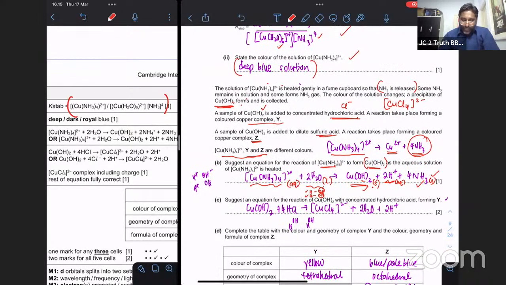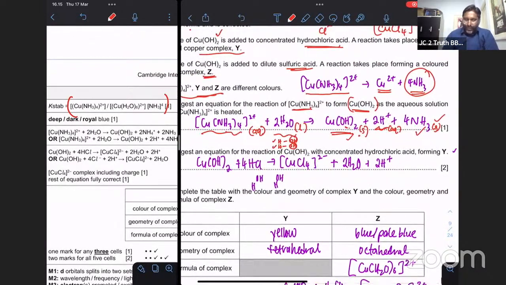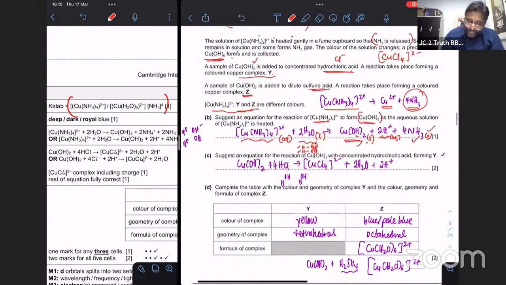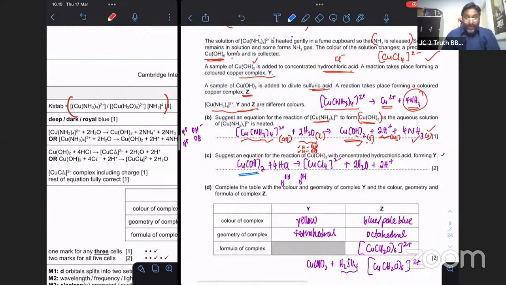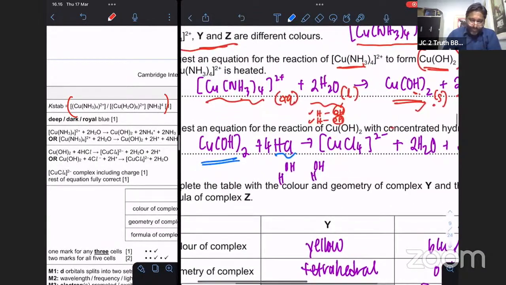Now suggest an equation for the reaction with concentrated hydrochloric acid. I told you they are going to form this, so you just need to write a ligand exchange. You react with 4 HCl, and then the 4 Cl will come in.